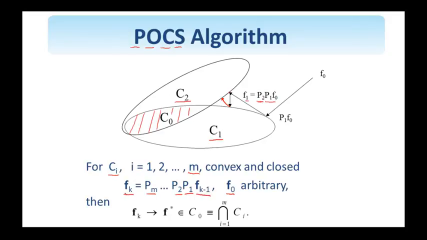F of k minus 1 becomes F of k, and I keep repeating this way. Then in the limit, after so many iterations, the solution F star is going to be in the intersection C0 of these M in general convex sets. So this should be a very, again, intuitively clear algorithm.